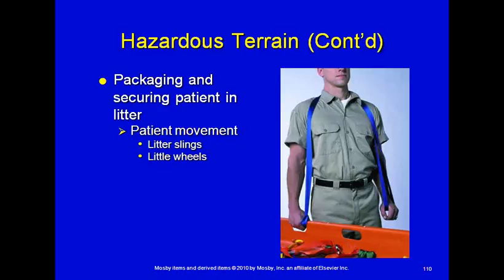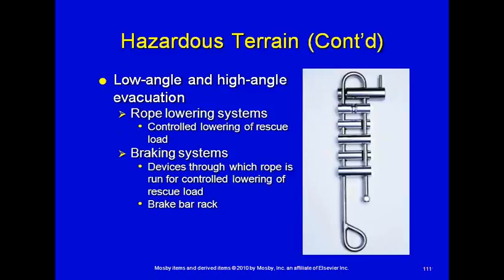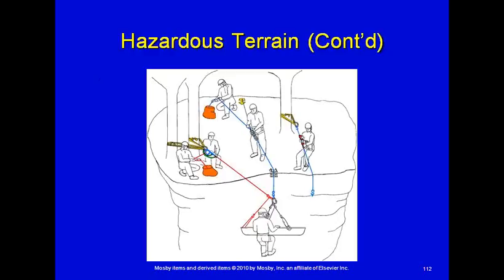As far as packaging and securing the litter, there are litter slings, little wheels that can be used to help move the patient that's in a litter. This happens to be a belay that a person would use to run rope through to help brake and lower devices during high angle rescue.